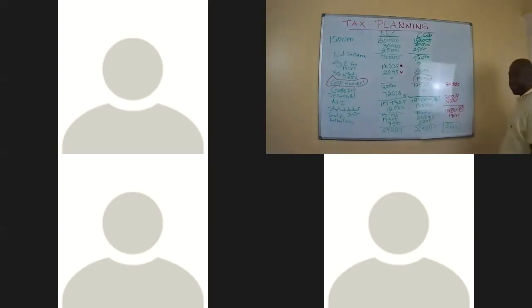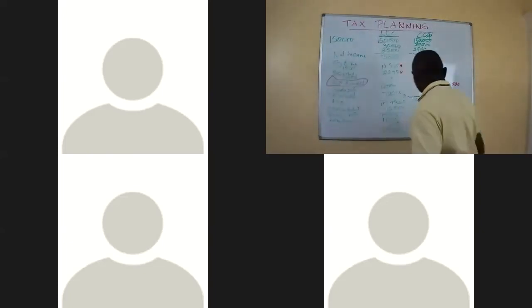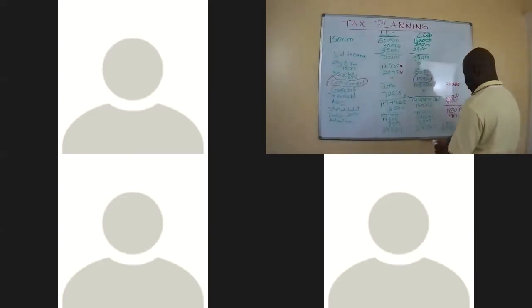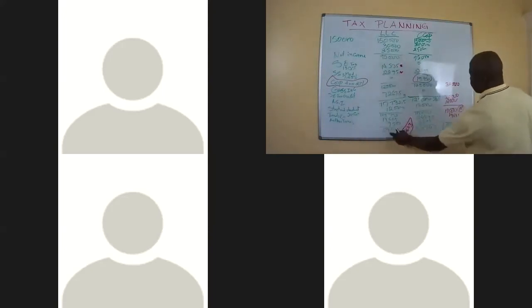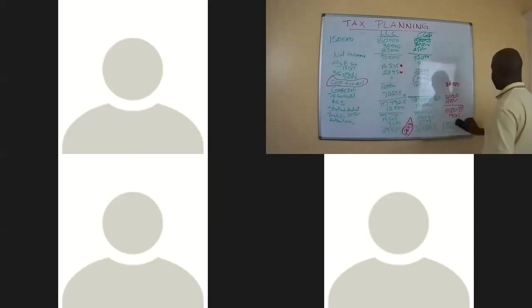Can you imagine? So the only thing she will add as total taxes is what? I'm going to remove this amount and put this here so we can see the difference. The difference was $2,643, just the difference between these two taxes. Okay?